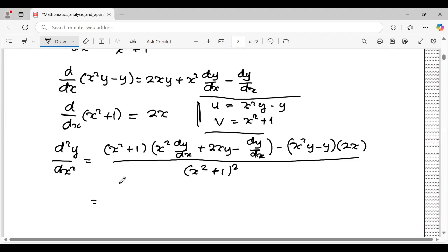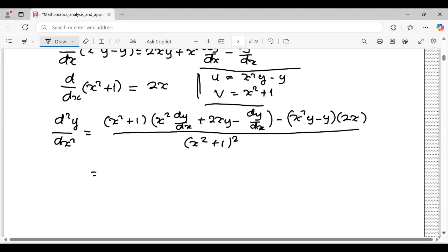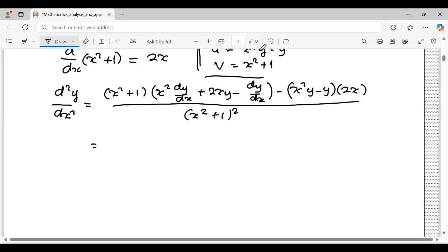When x equals 0 and y equals 3, okay, from the previous solution, we got x equals 0, y equals 3, and dy/dx equals minus 3.